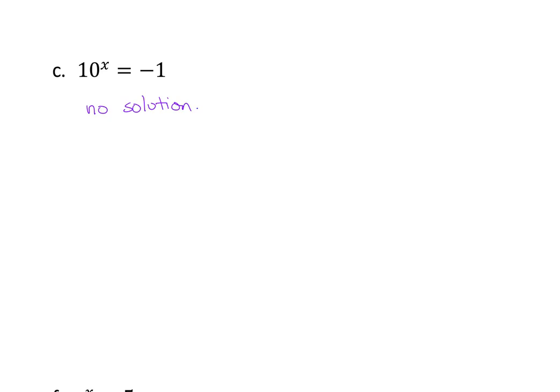Remember that exponentials have a range of 0 to infinity, exclusive. -1 is not in that interval. No matter what number we plug into x, we are going to get a positive answer, and so it is never equal to -1.